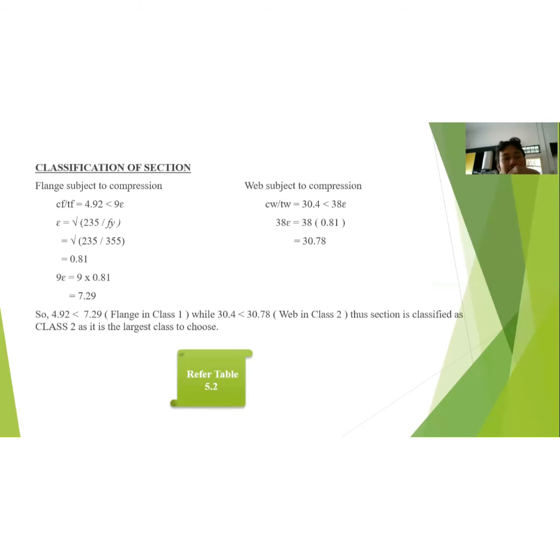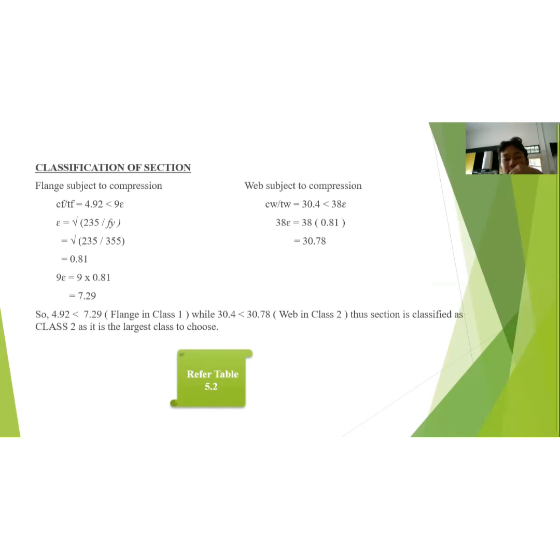For the classification of section, the flange subject to compression, CF with TF, we get 4.92 smaller than 9 coefficient.